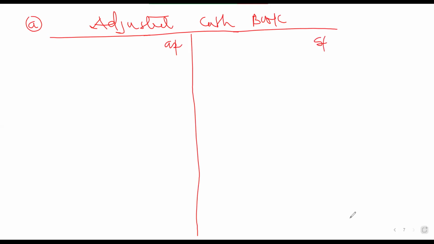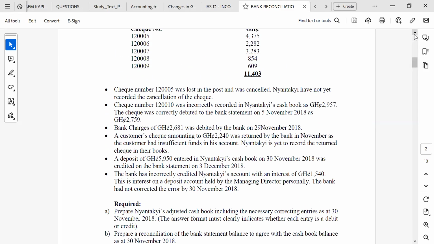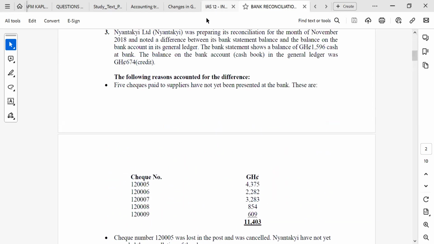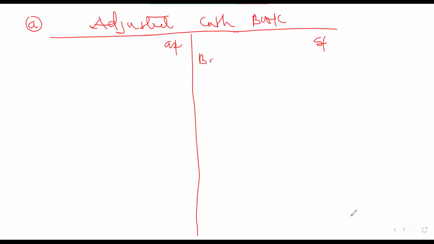So the cash book balance, where is it? Is it debit or credit? It's credit. So you go there and have the balance brought down here as credit. How much is that? 674.